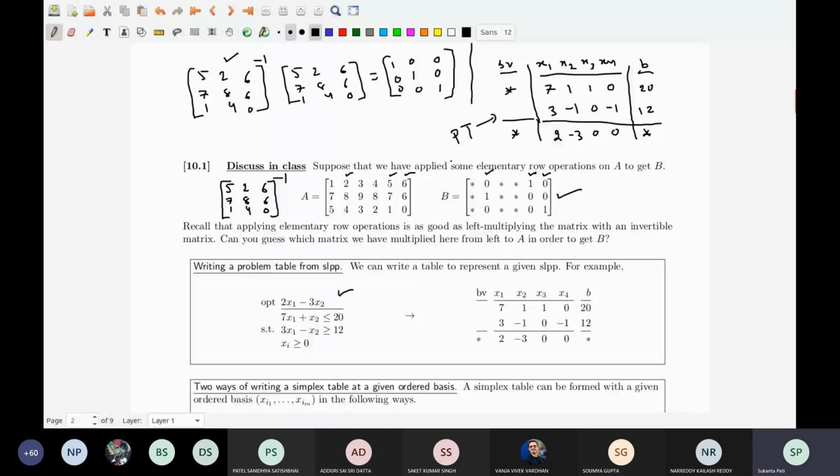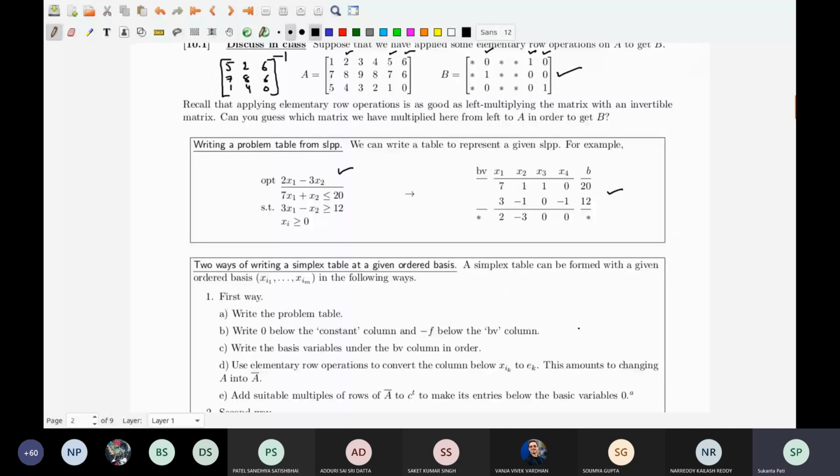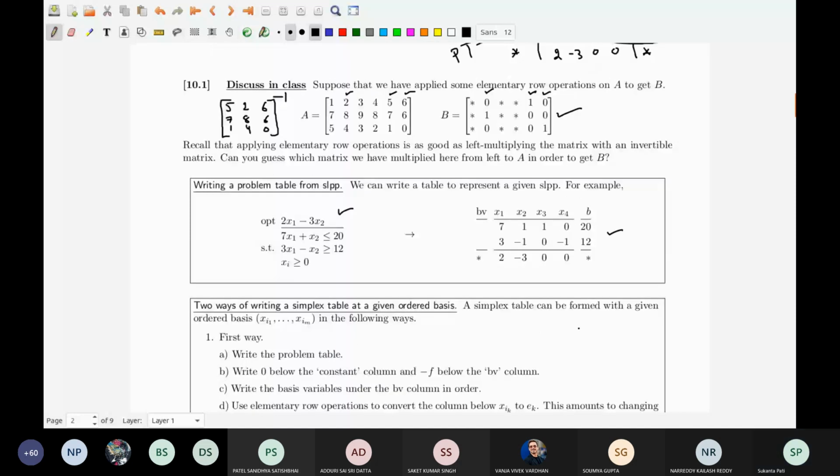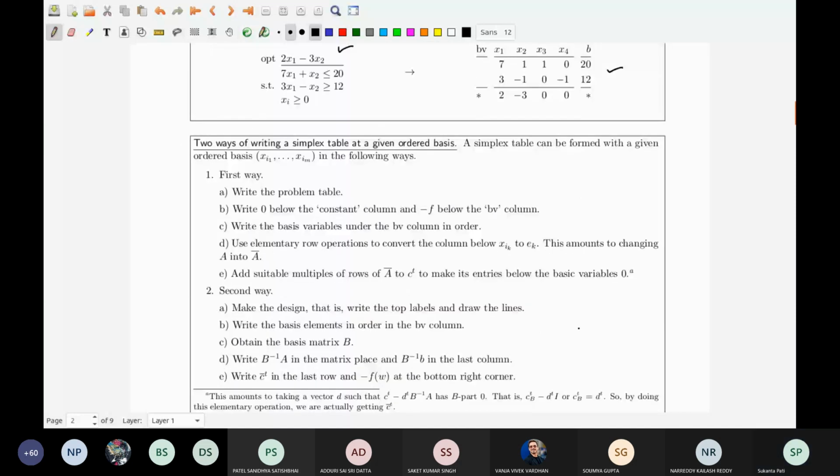Fine. Now that you have understood 10.1, there are 2 ways of writing a simplex table given an ordered basis. One is you write the problem table, and write 0 below the constant column, that is here.